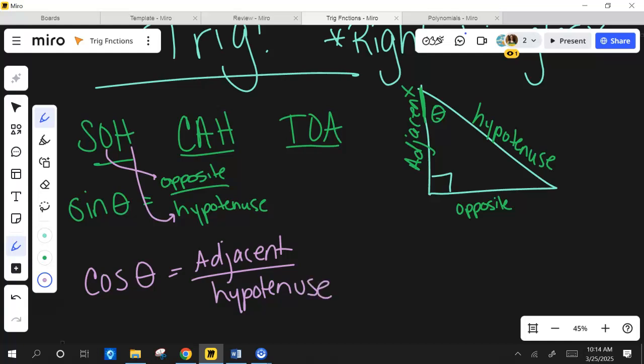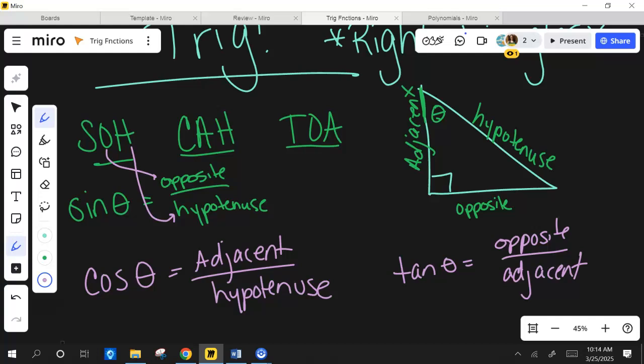And what do you think tangent would be? Opposite over adjacent. Now, you guys have probably seen these at some point, right? You've seen the SOHCAHTOA, at least maybe you don't remember them, but you've seen them. If you hadn't, it's pretty easy, right, Armando? Pretty easy.